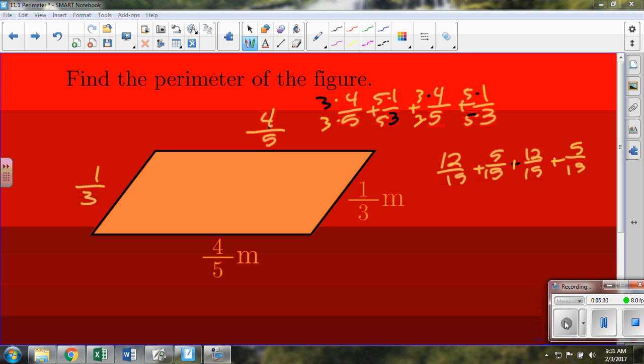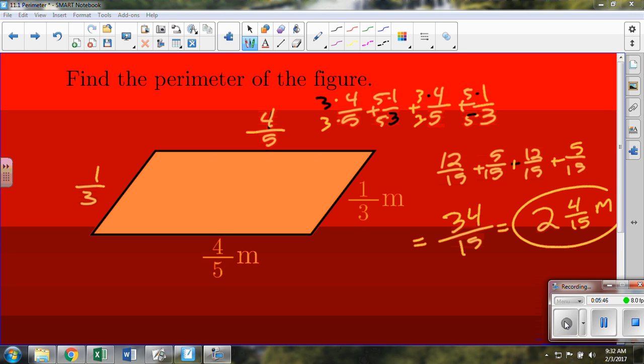So 12 plus 5 plus 12 plus 5, that's 34 over 15. And 34 over 15 equals 2 and 4/15 of a meter. And we're done.